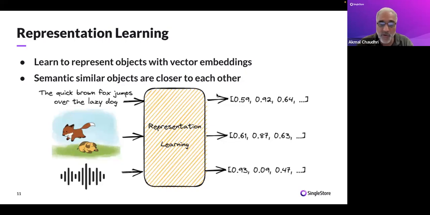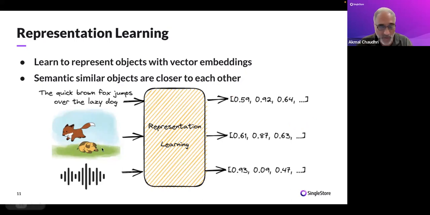In fact, on the right-hand side, we can see there are some vectors, representations of both the sentence and the picture. If you look at the numbers, they are actually quite similar. That's correct, because again, those two things are very, very close, despite the fact that one is an image and one happens to be a phrase in English.